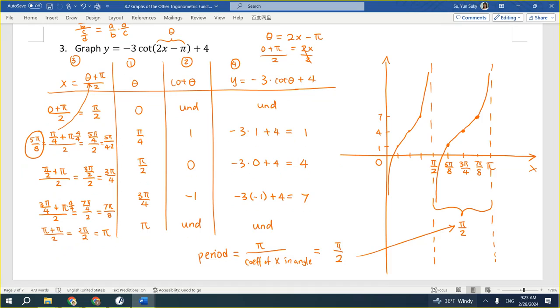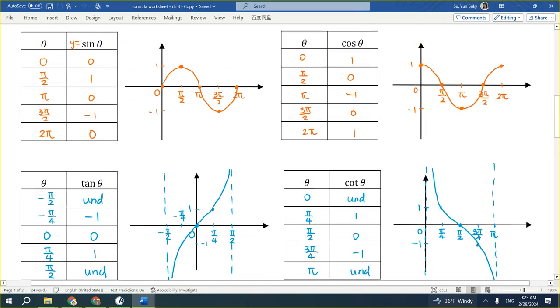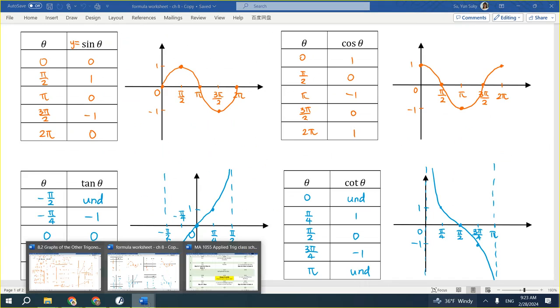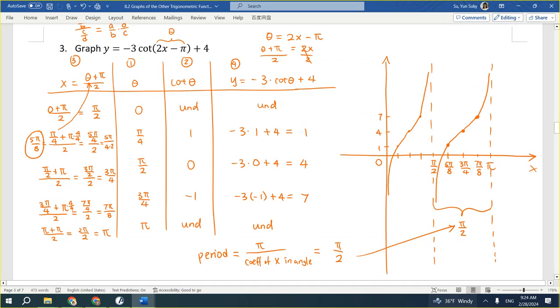Cosine, you start with 1, 0, negative 1, 0, 1, right? So keep this. That's why this is important. This is the basic, okay? The simplest trig function. That's the middle 2 columns. And then you find the x and find the y. All right. Now, any questions about this problem?